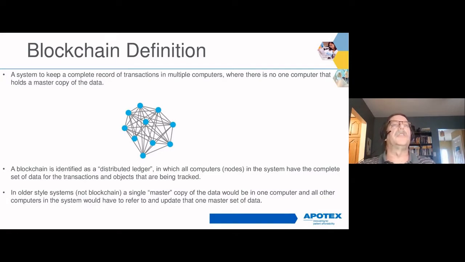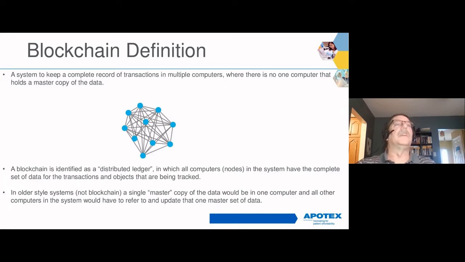It's a system where there is no one master system that records everything. A blockchain is identified as a distributed ledger where every computer on it has the complete set of data for the transactions and objects that are being tracked.